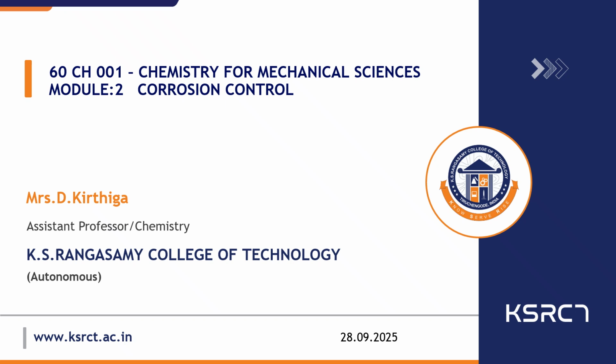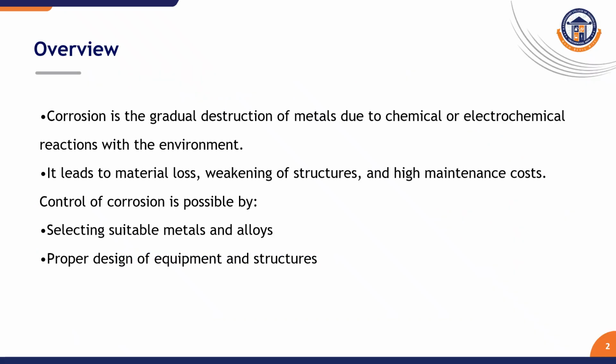Here we are going to see about the topic corrosion control, which is given in module 2. The overview is that we are going to see about corrosion. So what is corrosion? It is a gradual deterioration of metals. It can be caused by chemical or electrochemical methods, or reaction with the environment.